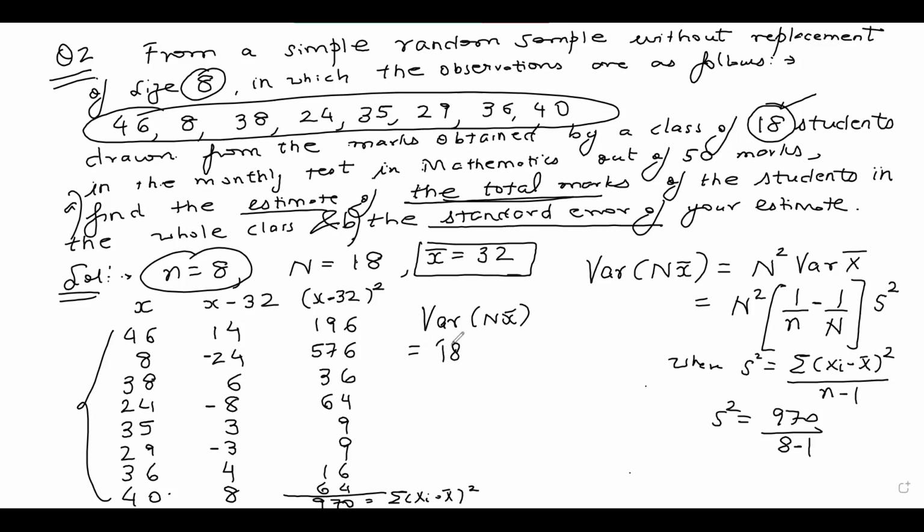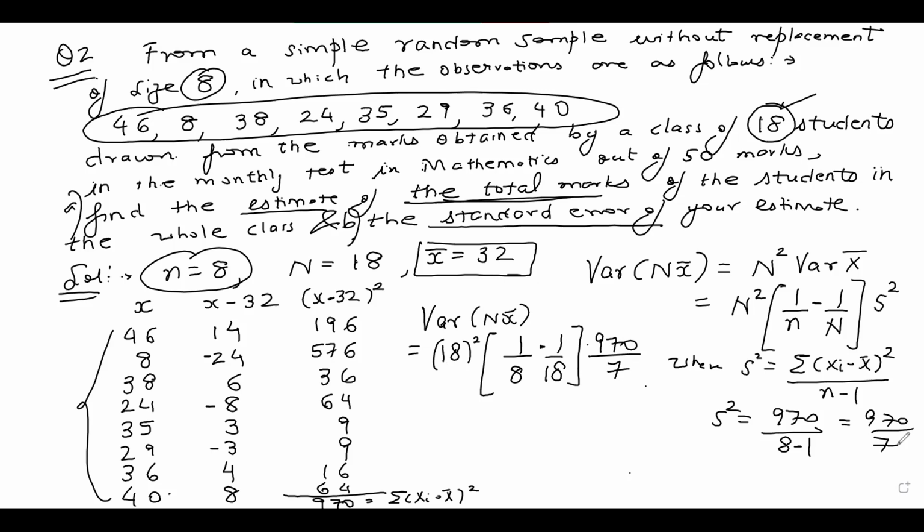So 18 square times 1 over 8 minus 1 over 18 times s square, which is 970 over 7, because 8 minus 1 is 7.